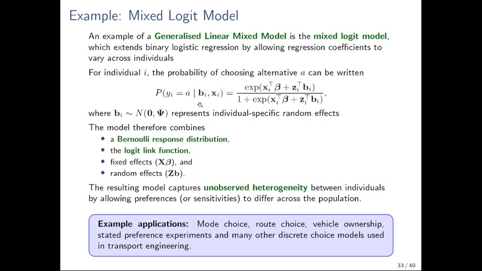That's what the random effects are doing, and they're doing it in a way that wouldn't be possible with a simple GLM. And examples of the mixed logit model in transport include mode choice, route choice, vehicle ownership, stated preference experiments, and many other discrete choice models that some of you will have studied elsewhere in your degree.